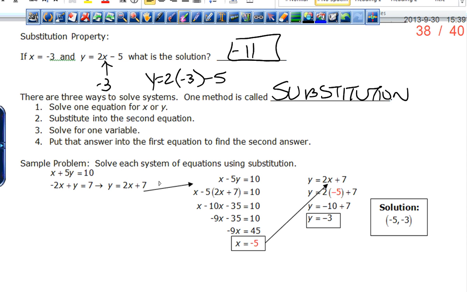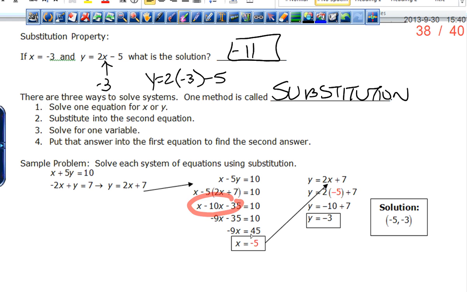Let's go over this. Step 1 says solve one equation for x or y. Doesn't matter which one we do. On this one, we solve the bottom one for y. Step 2 says to substitute that in for what we know y to be. Then I combine like terms.